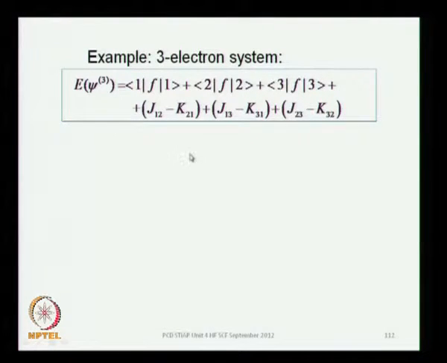So, this is the total energy, going just by the complete expression that we had for an arbitrary value of n. So, we will just specialize it for a small system.